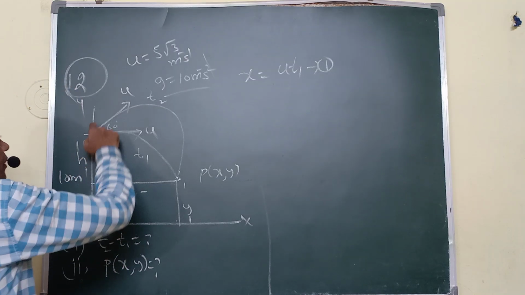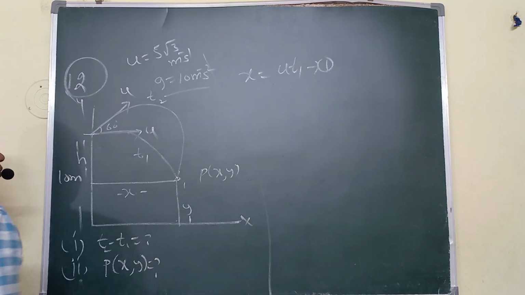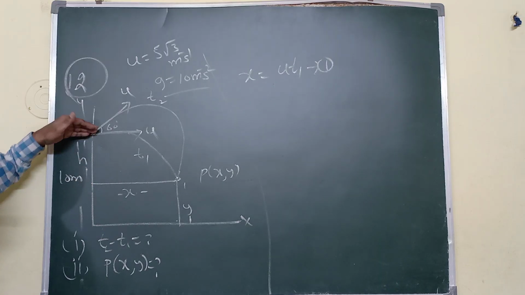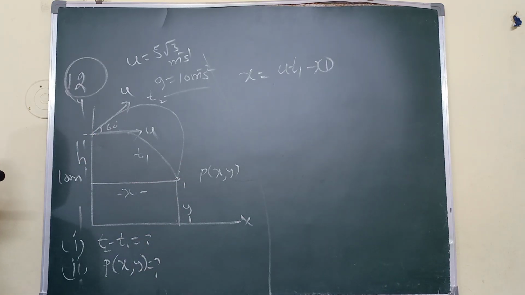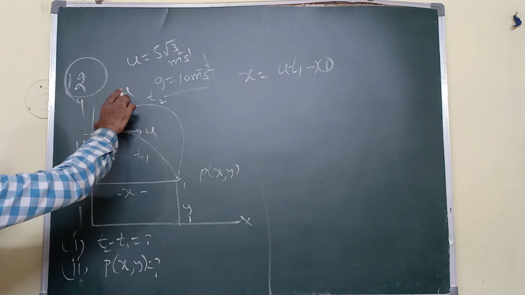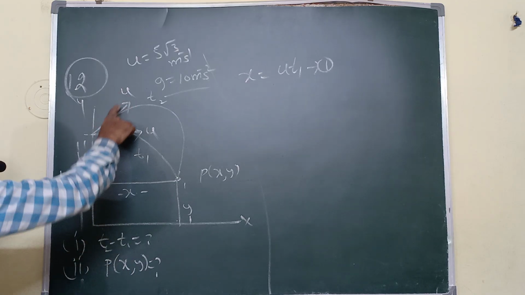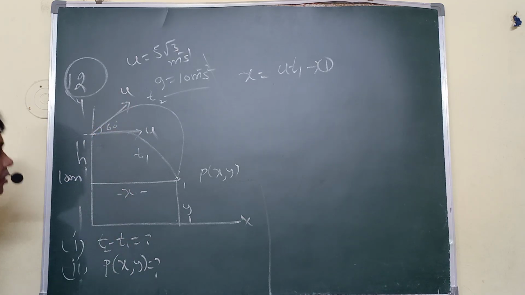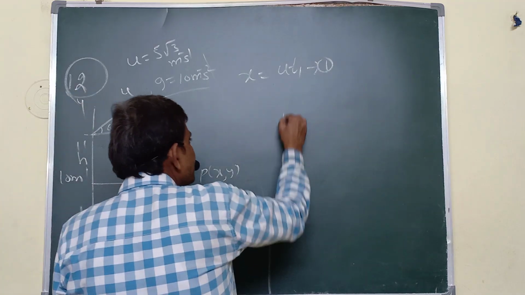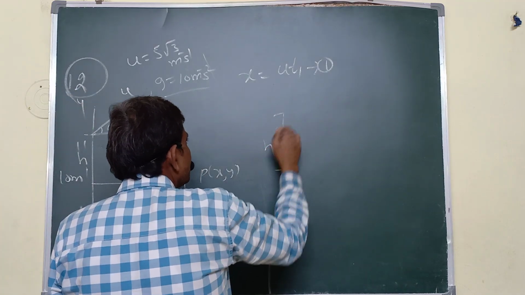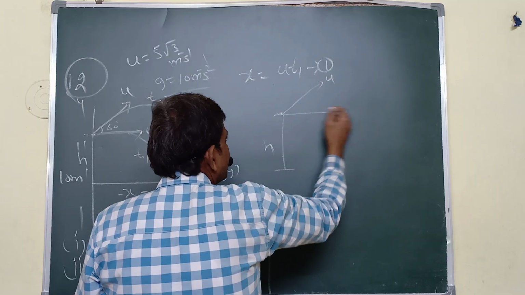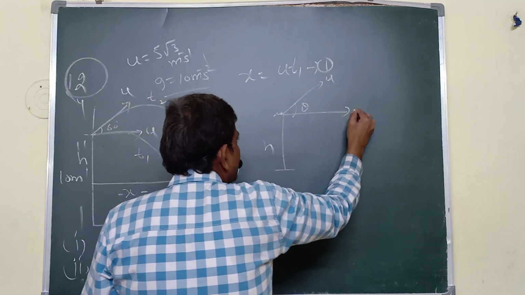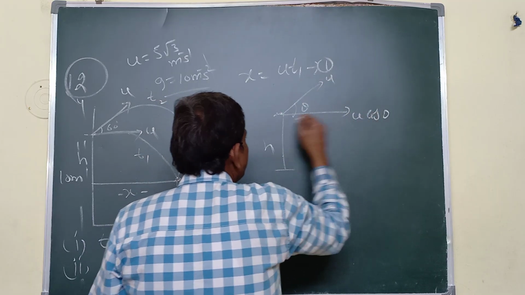Similarly, at h, traveling h down distance, these two are meeting. So if this is 60 degrees, if this is u, and this is h, here it is making angle theta. What about this? u cos theta.